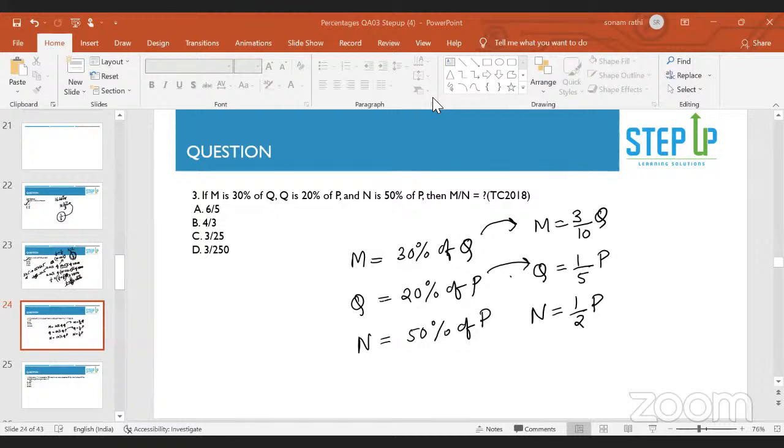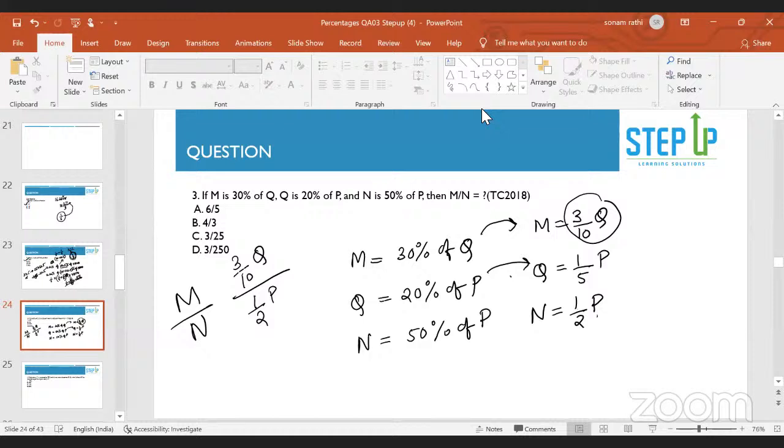Yes, Anjali. Yes, Wilbert. Yes, Arva. Correct answer. Yes, yes. Everyone is giving me the correct answer. Absolutely correct. Okay. What are they asking me? M upon N. So what is the M value? M value is 3 by 10 Q. What is the N value? 1 by 2 P. Correct.